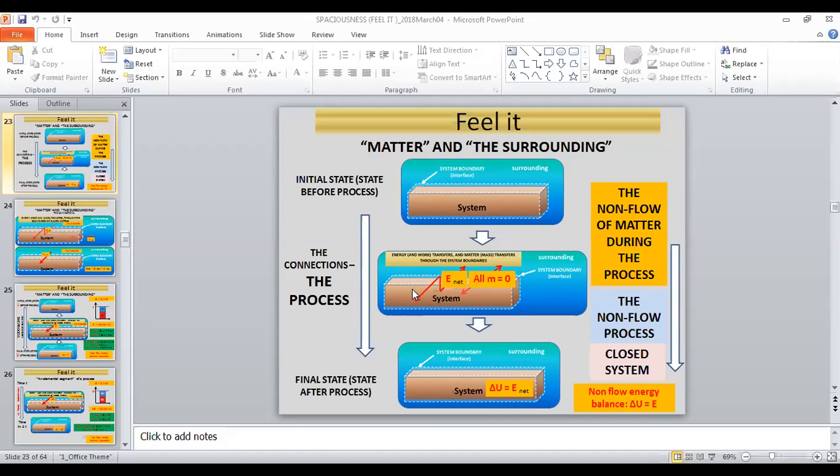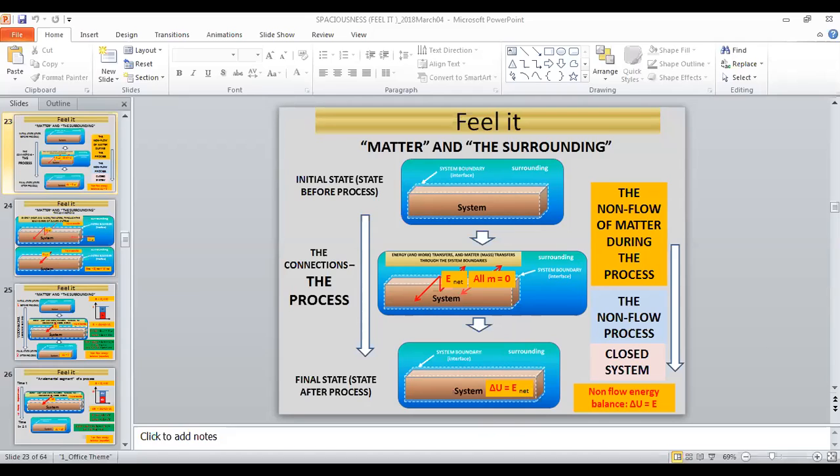Of course it should be an inert gas. If oxygen is there, sure the filament will burn. So there is energy input in terms of heat or work, and because of that there should be a change of the internal energy.